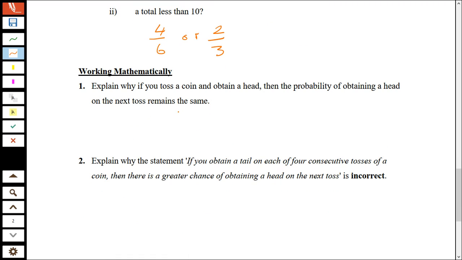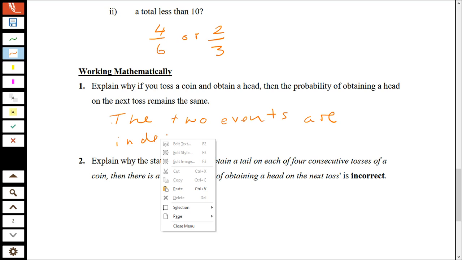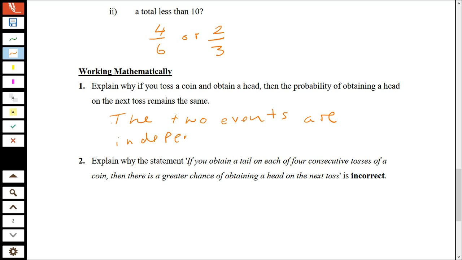Okay, now, last 2 questions on the sheet. Explain why if you toss a coin and obtain head, then the probability of obtaining a head on the next toss remains the same. Well, what you'd say is the 2 events are independent.